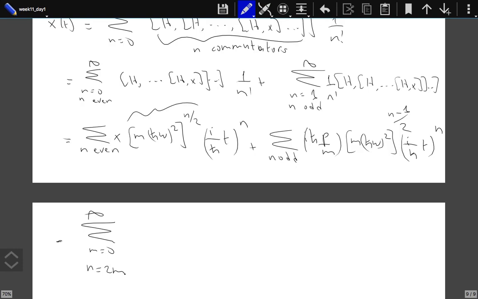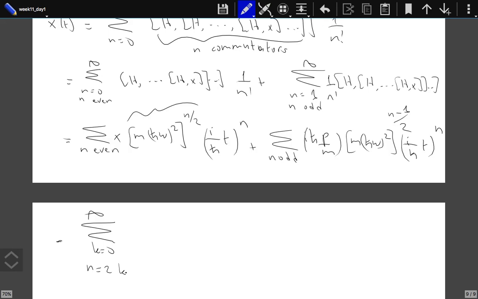As m goes from 0, 1, 2, 3, 4, 5, that n, which I defined as twice m, just goes over all even numbers, including 0. Let me not use m, let me use k, because I used m for the mass.